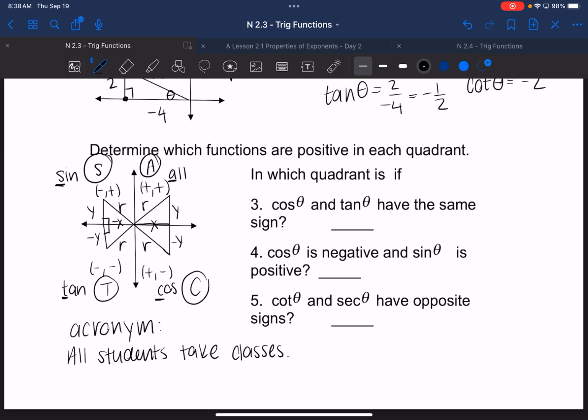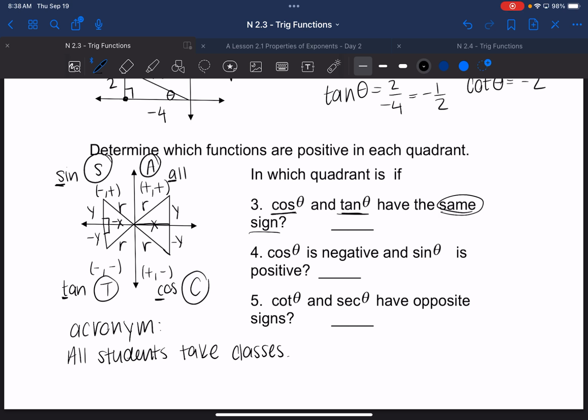Okay, so now that we know what is positive where, let's see if we can answer these questions. Number 3 says that cosine and tangent have the same sign. So it doesn't matter if they're both positive or both negative, they just have to both have the same sign.